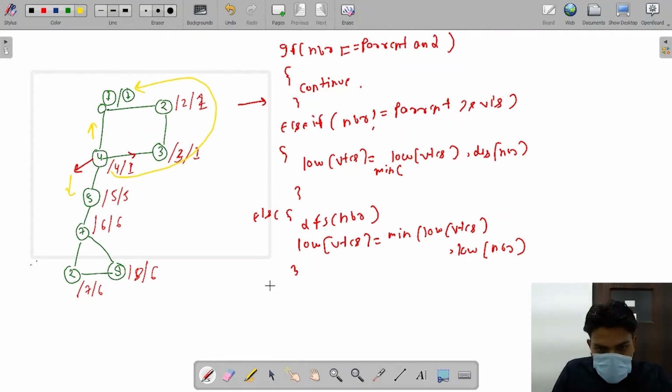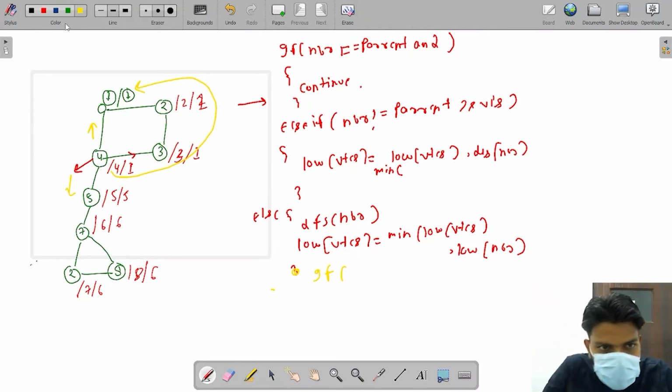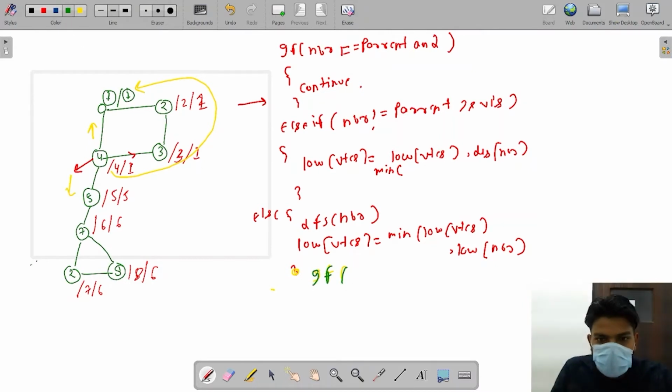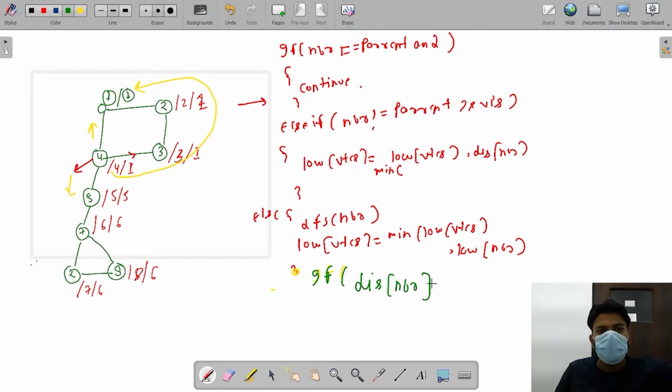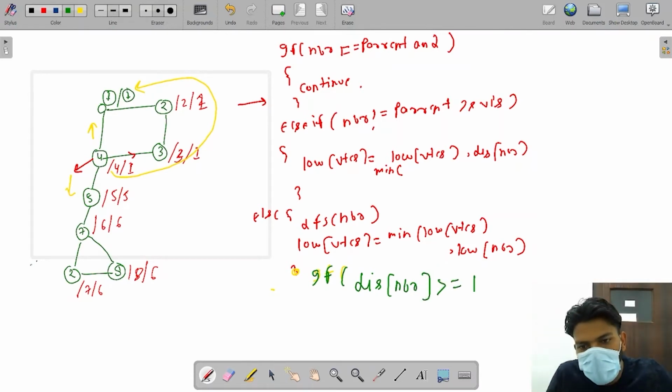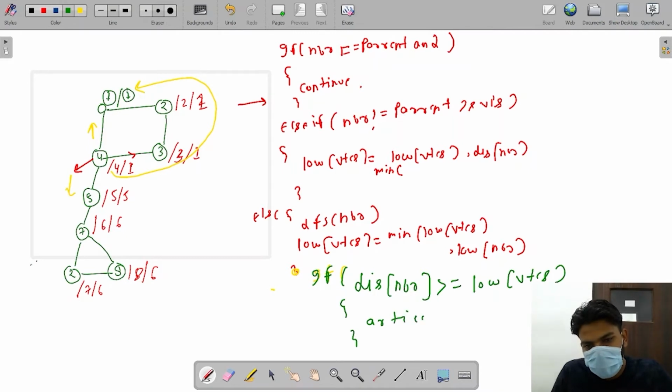What I'm saying is, at the stage of post order, we have to do this thing: if the discovered value of its neighbor is greater than or equal to our low value, then this is our articulation point.